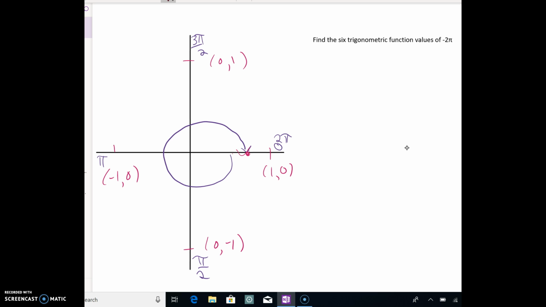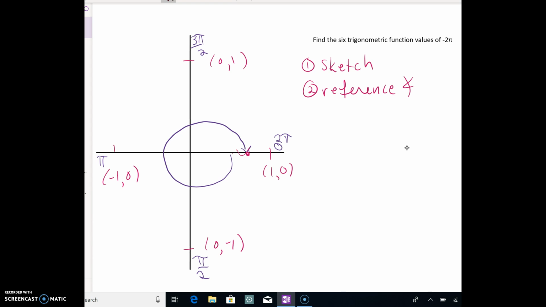So for the first step, we sketched the angle, which is what we just did. Now the second step is to find the reference angle. Remember, the definition of the reference angle is the quickest distance to get back to the x-axis. But in this case, we're already on the x-axis, so we don't have to move at all. So we don't really have a reference angle; it would be considered to be 0 degrees.